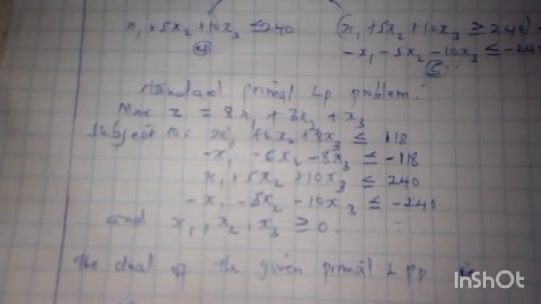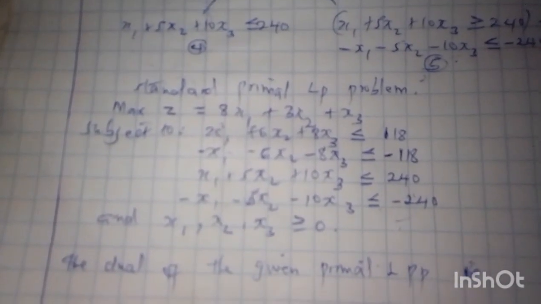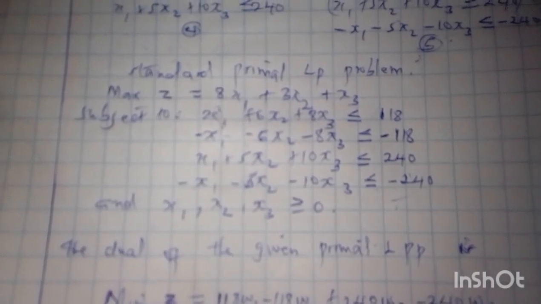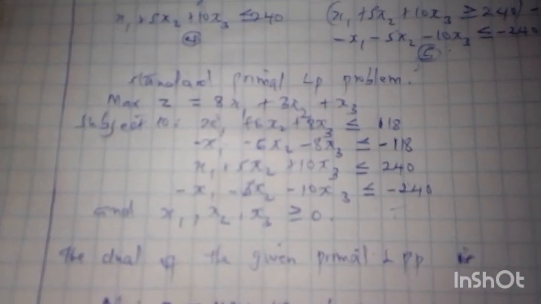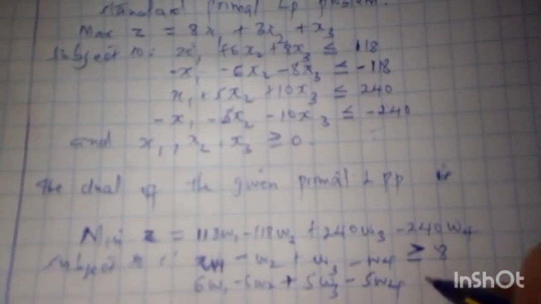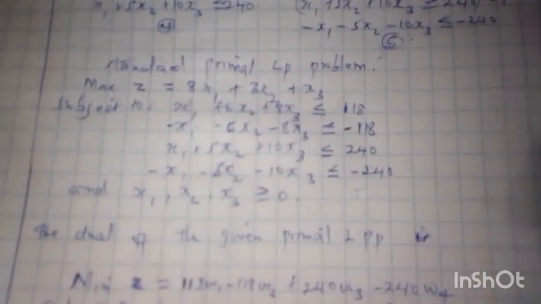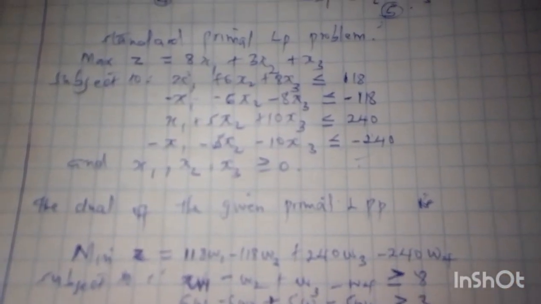It is 6w1 minus 6w2 plus 5w3 minus 5w4 is greater than or equals to 3.